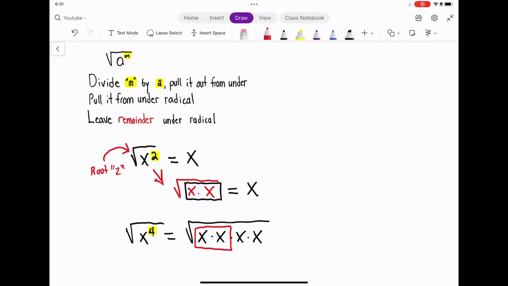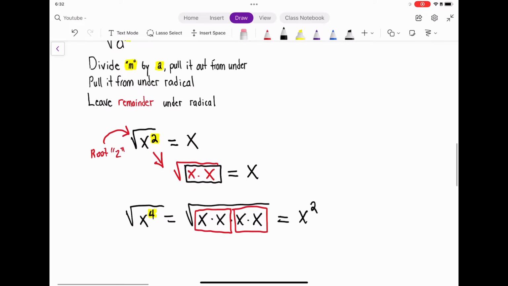And here goes my second pair of 2, x to the second power. So radical x to the fourth power simplifies to x squared. And if you think about it, if we divided the exponent 4 by 2, we would have got x to the second power.